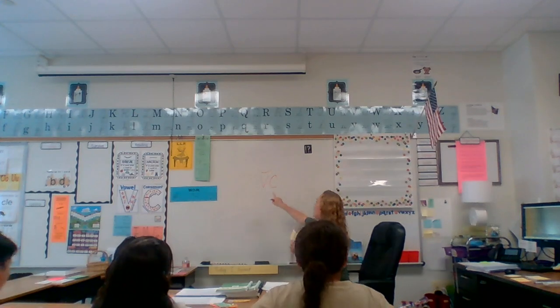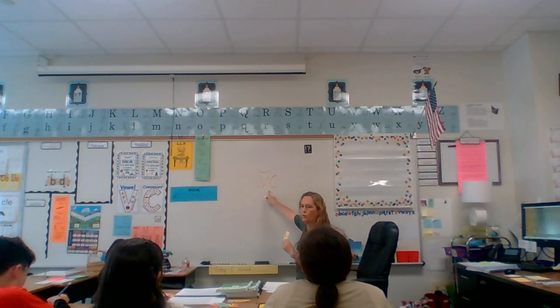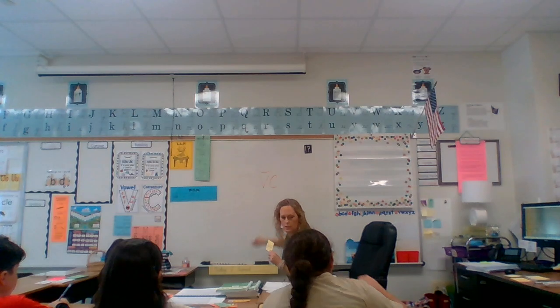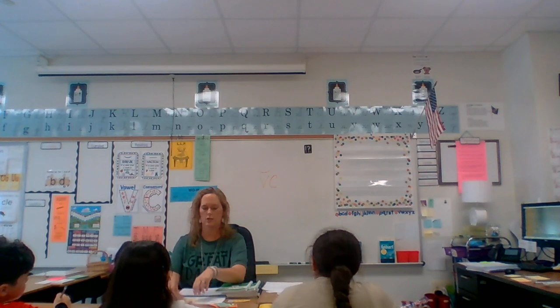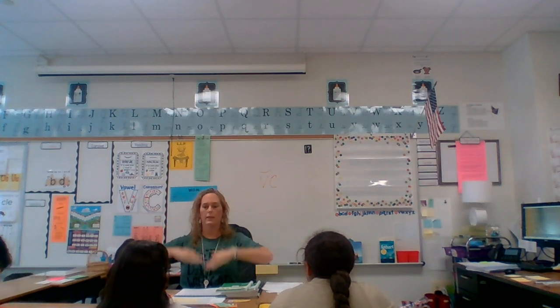All right, so what is the base word? Code it. Show me the closed syllable. Excellent. Now let's read the word. What is the word? Jumping. Good. The derivative is jumping. The boy was jumping on the trampoline.